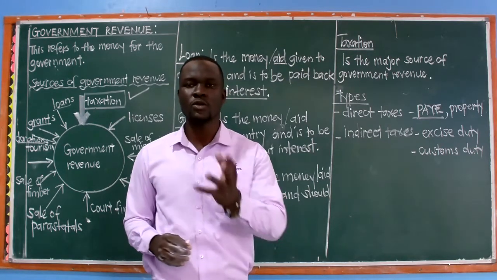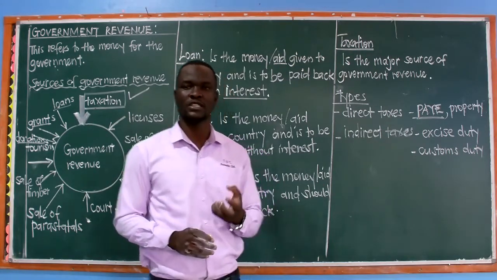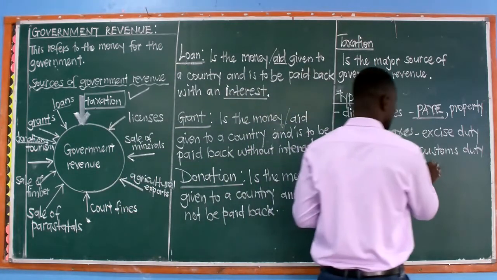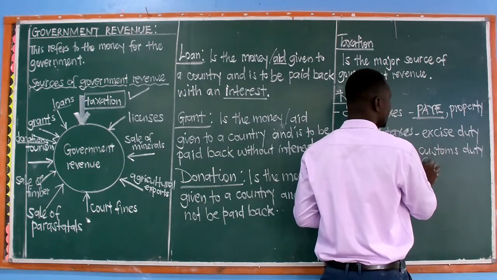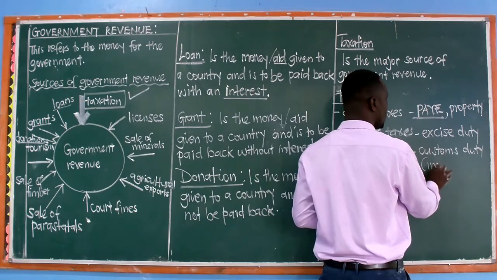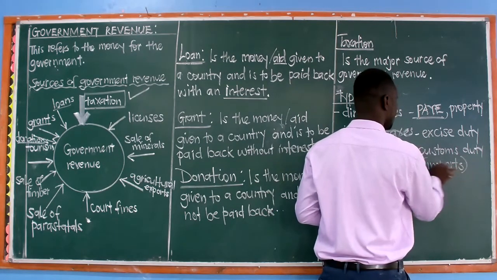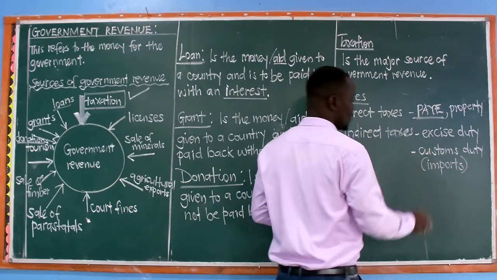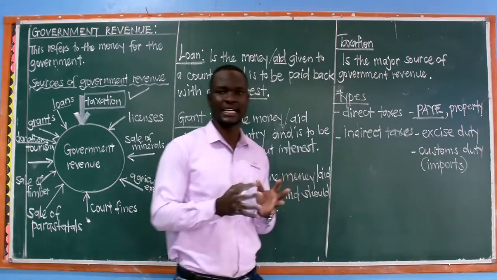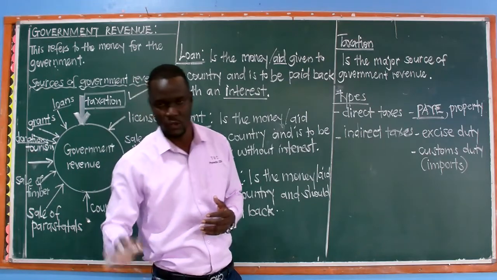So when we talk about goods coming into a country, we call those imports. This is the tax charged on imported goods. The other one was for goods which are made in a country and can be exported as well.